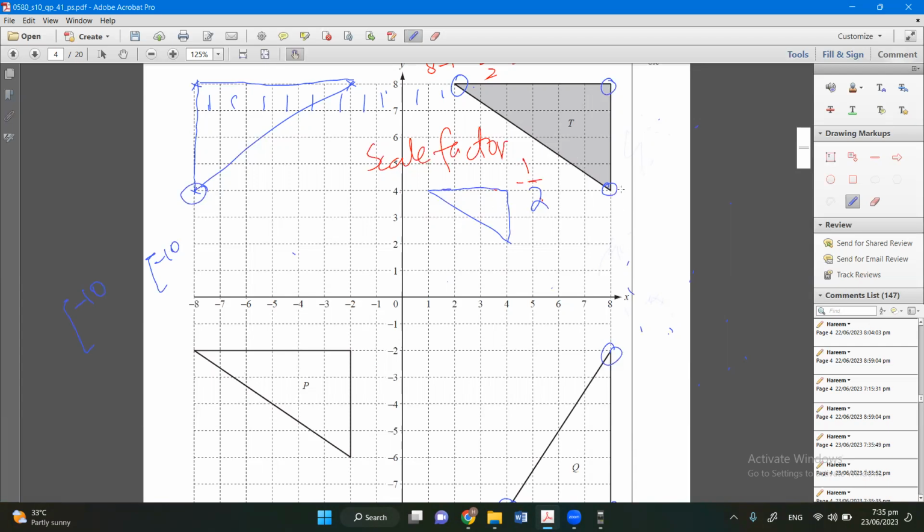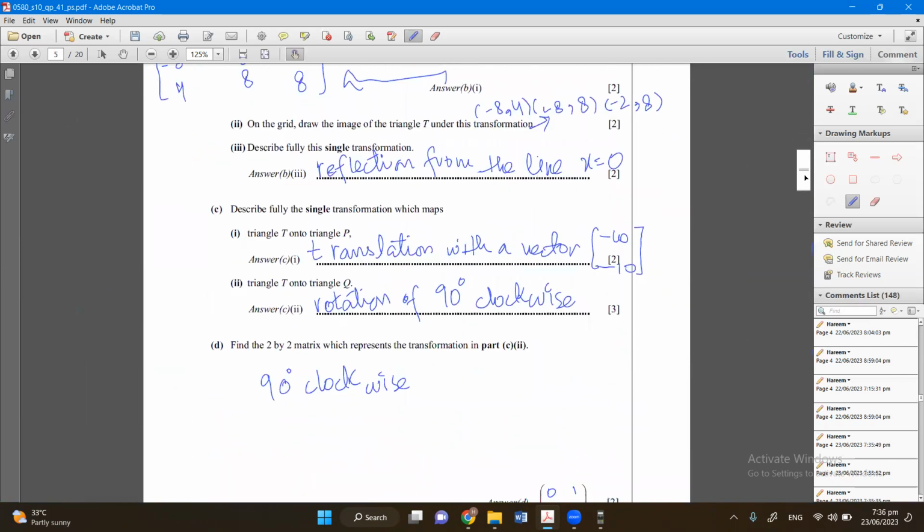Okay, and then here 1 2 3, downwards it has moved, so 1 2 3 4 5 6 7 8 9 10. Here it is also 10. Okay, so it means it's a translation by the vector -10 and -10, because it moved downwards and to the left hand side.